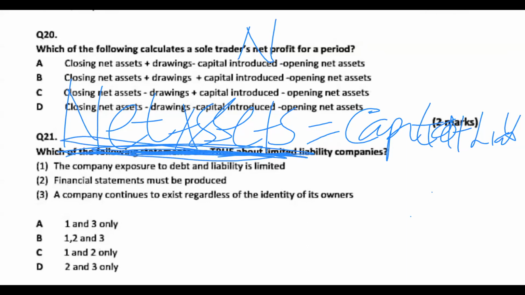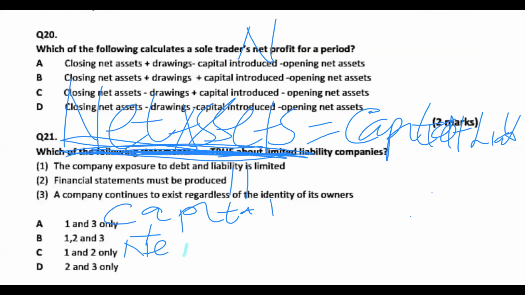On your balance sheet, what begins on top first are the net assets. From the net assets, what you should have is the capital, which is made up of capital introduced. To capital introduced, what do you add? You add the net profit, isn't it?